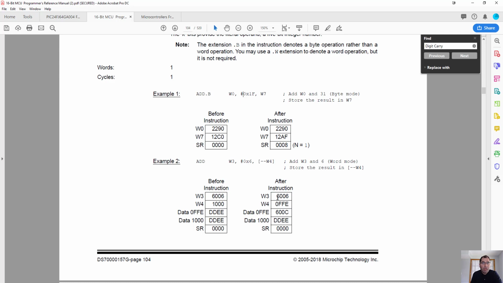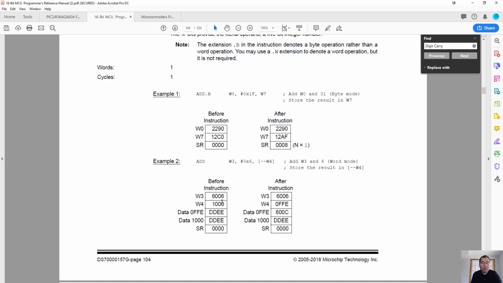Okay, and how about W4? Here it says pre-decrement, right? So first you decrement the value. W4, instead of being 1000, is going to be FFFE. Why?